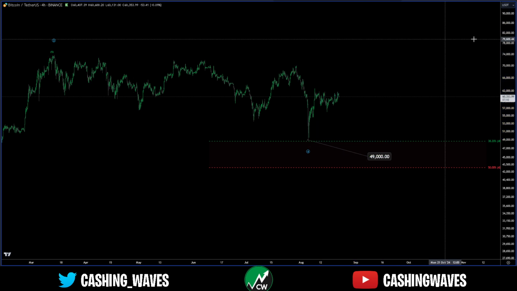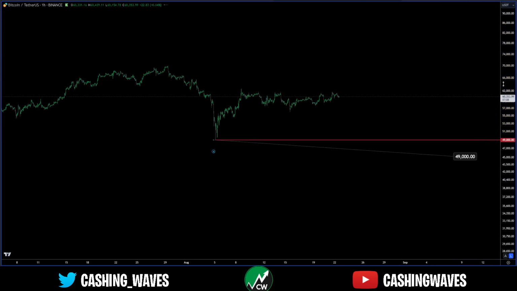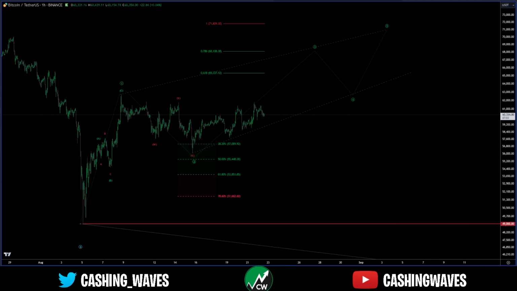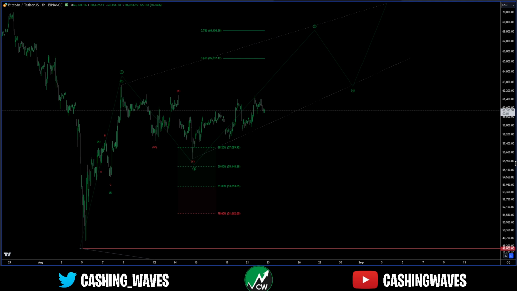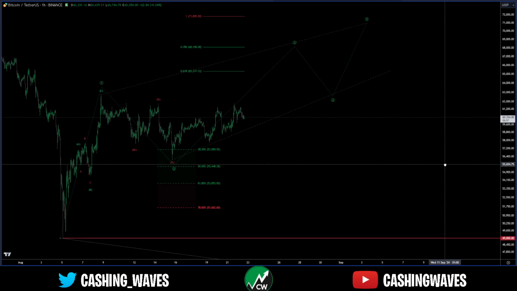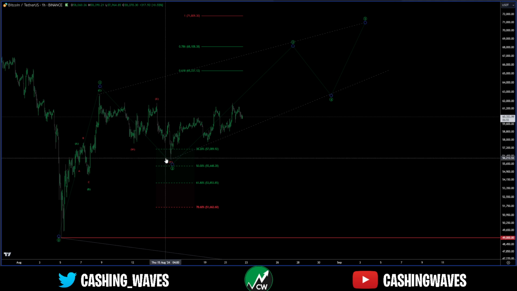Okay, let's get down to the smaller time frames. Now I'm going to stick to my most primary counts for this. There are multiple ways to count this area, but I'm going to be using what fits guidelines the best for my current primary counts.